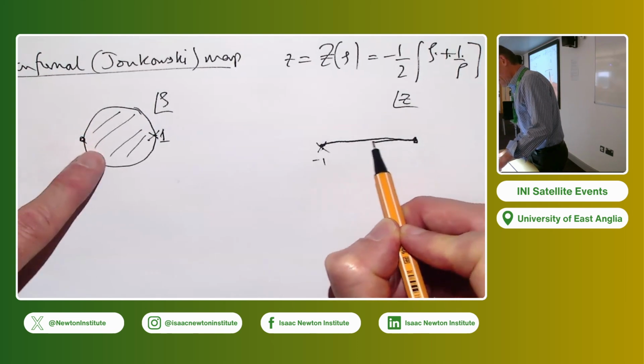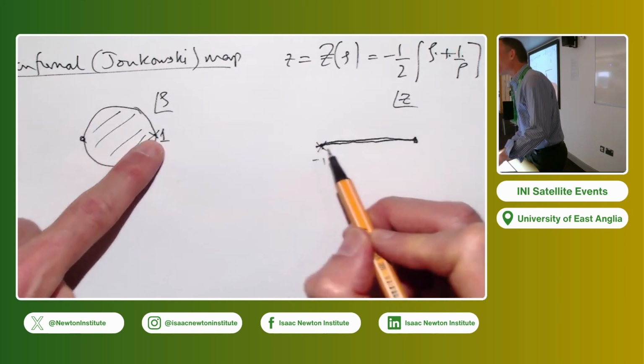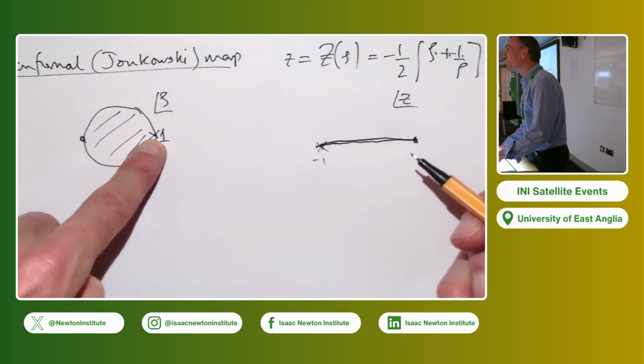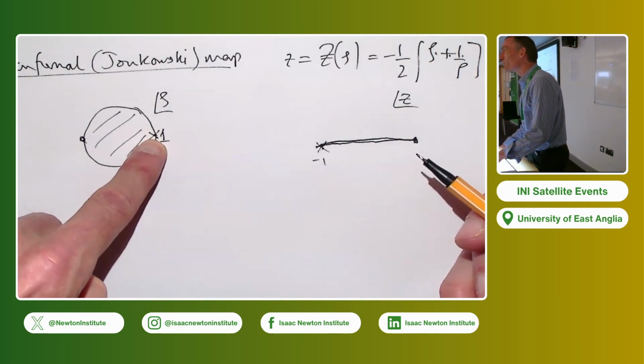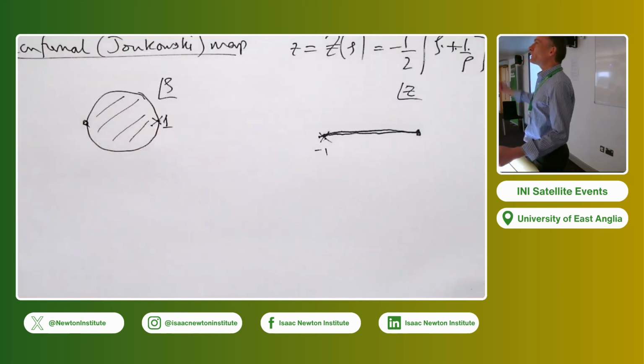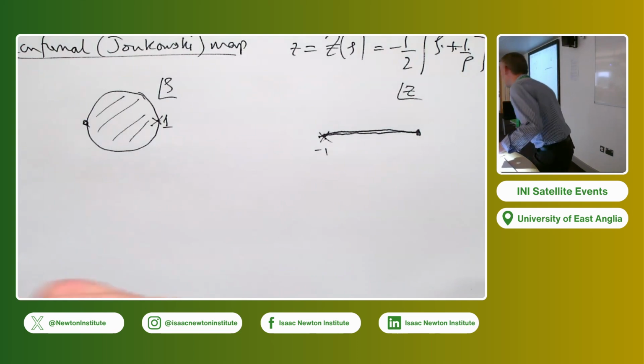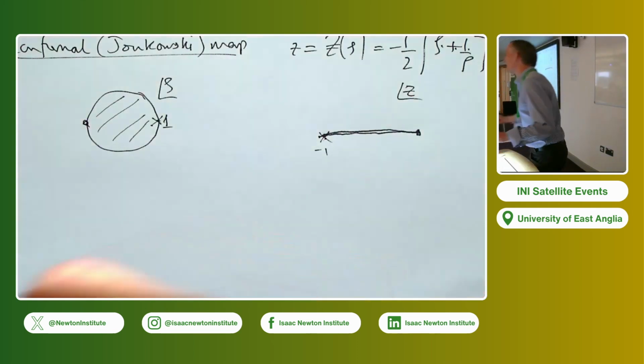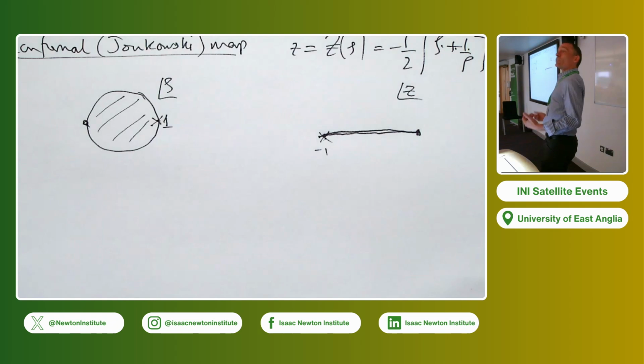But I stay on the same slit, except I come on the underside. So I cover the slit twice when I go around the circle once. And you can think of those as the two different sides of this airfoil.